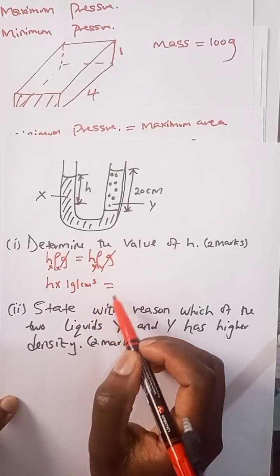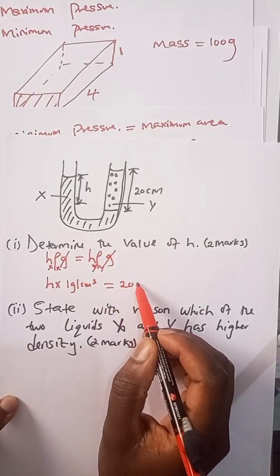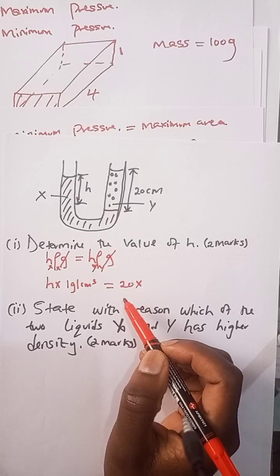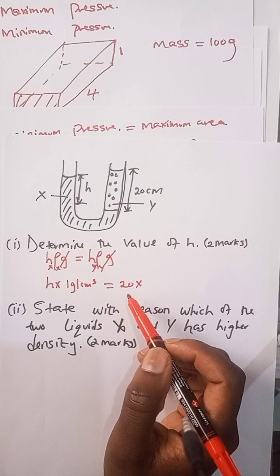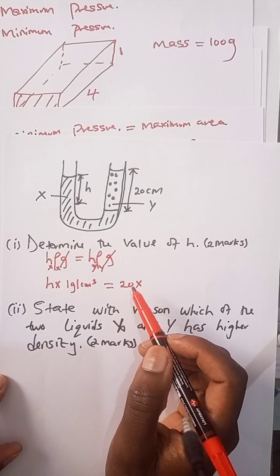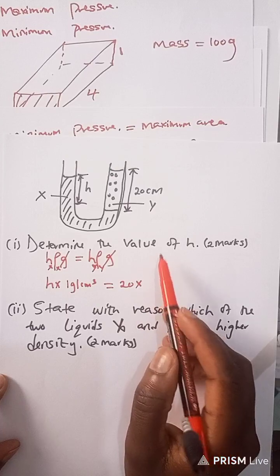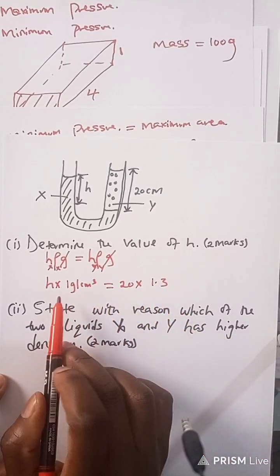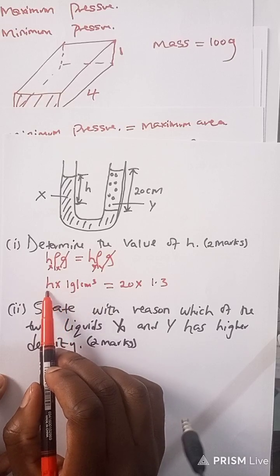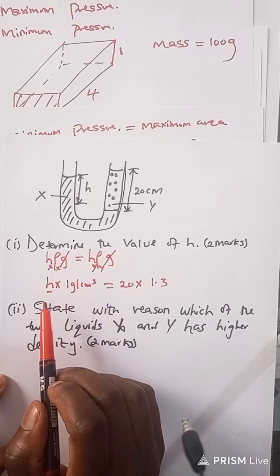This should be equal to 20 times the density of that liquid, whose density is also known. The density of that liquid is 1.3, and then we are expected to solve for the height.